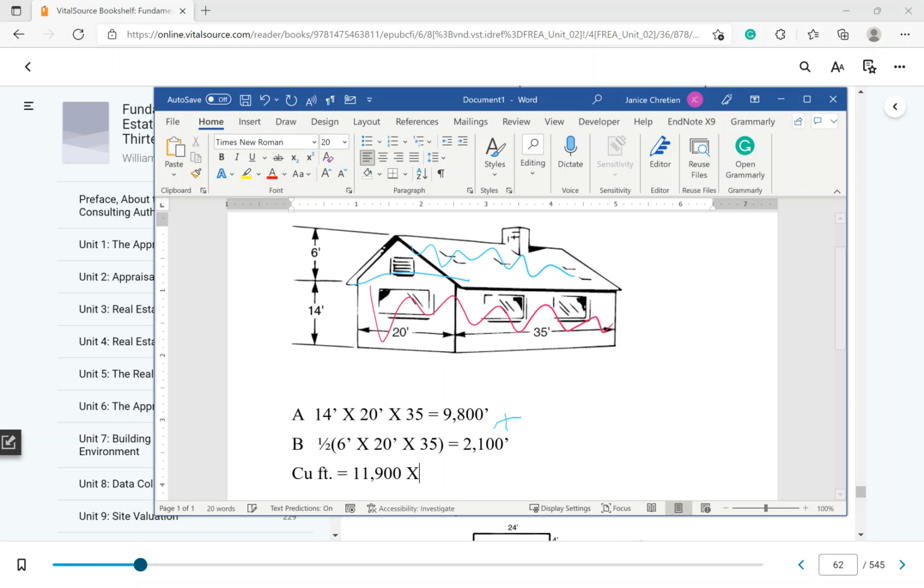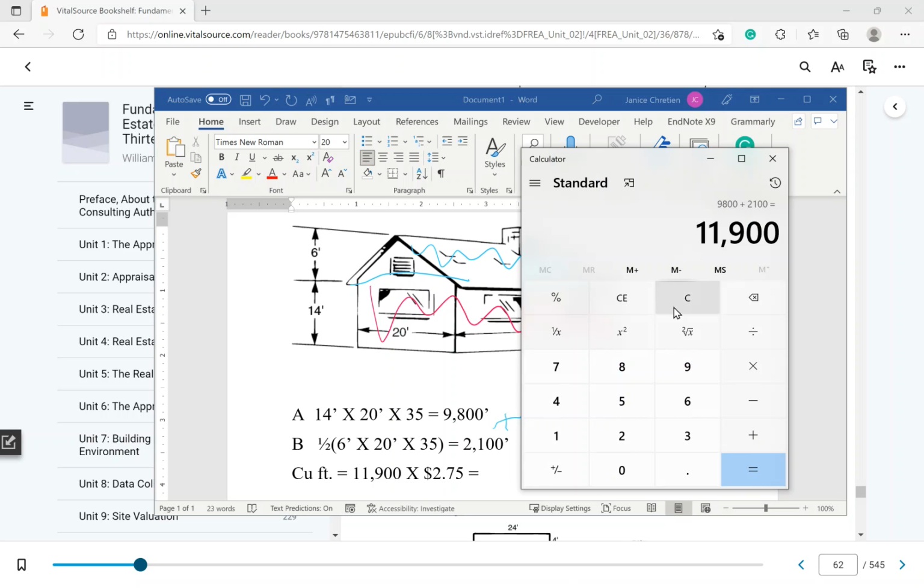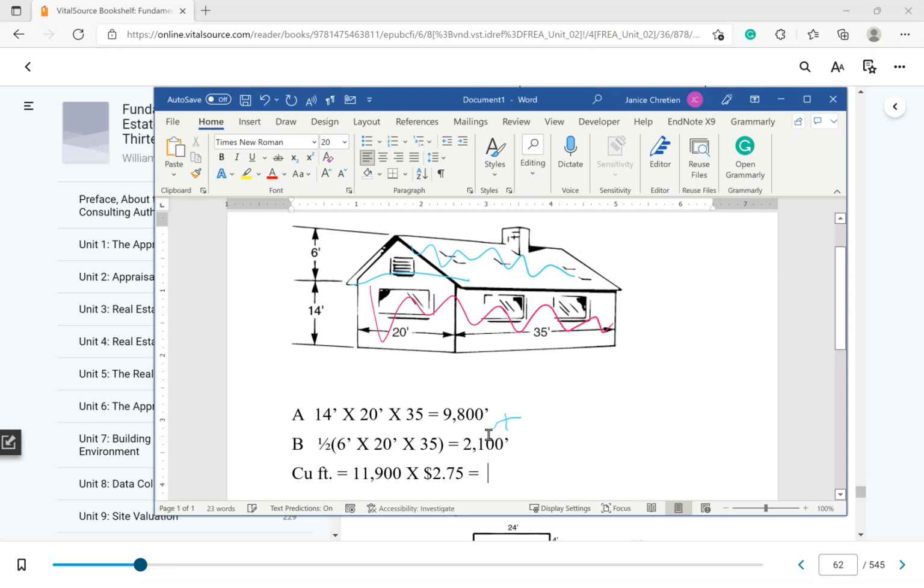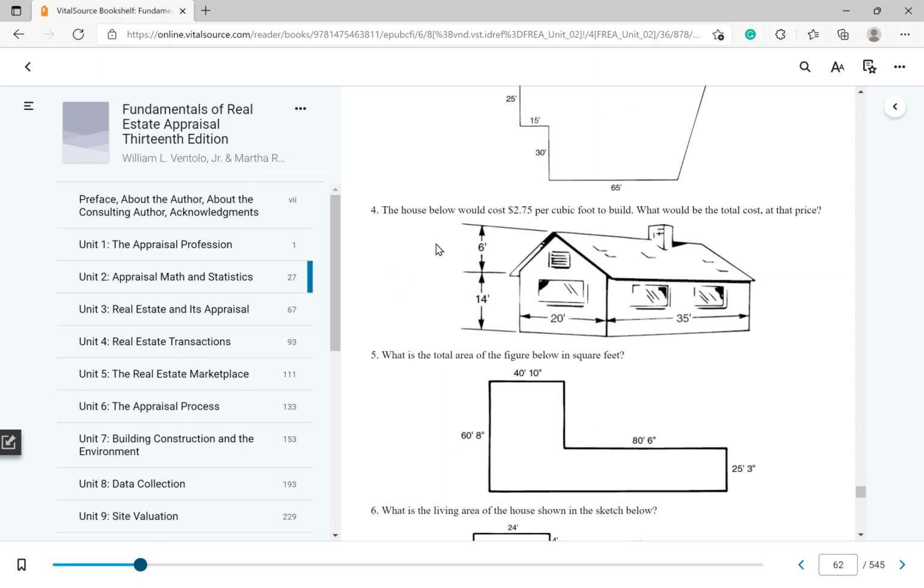So we're going to multiply that by $2.75. And it would cost $32,725 to rebuild this house. And that would be the answer to question 4.